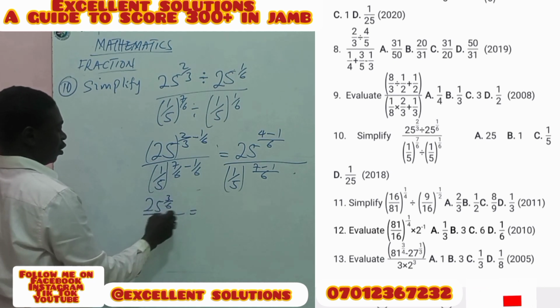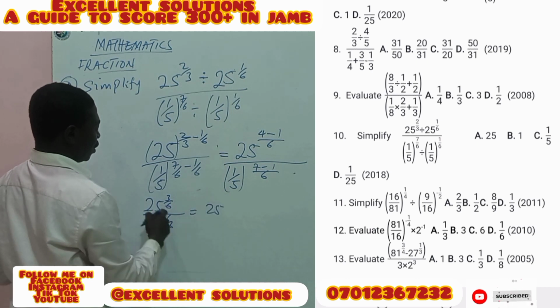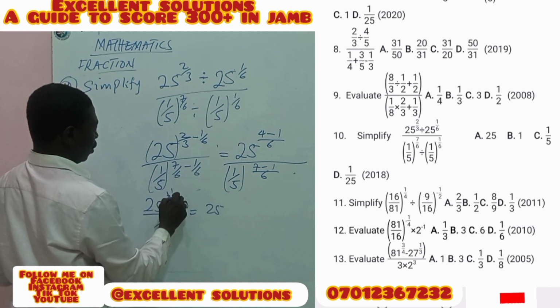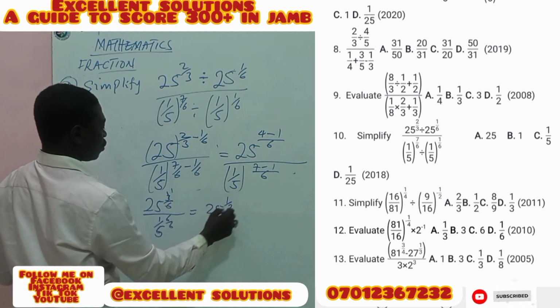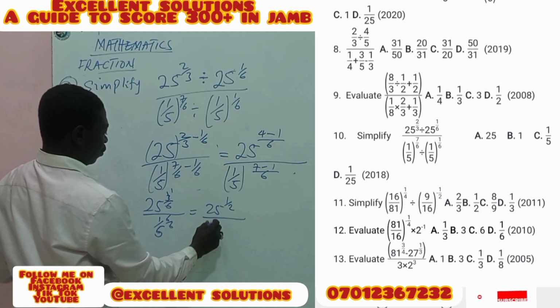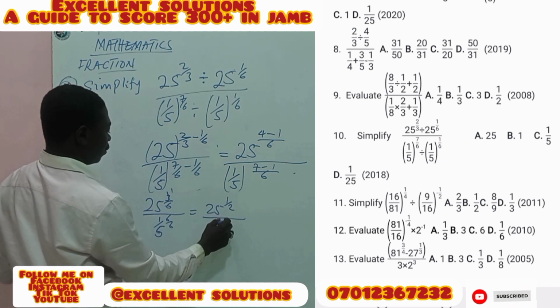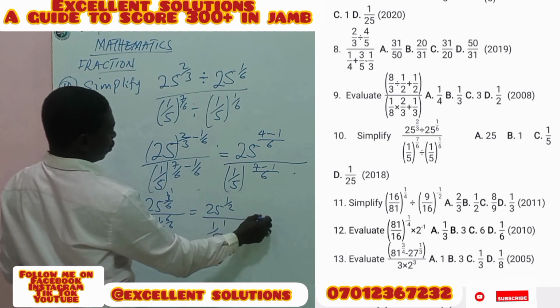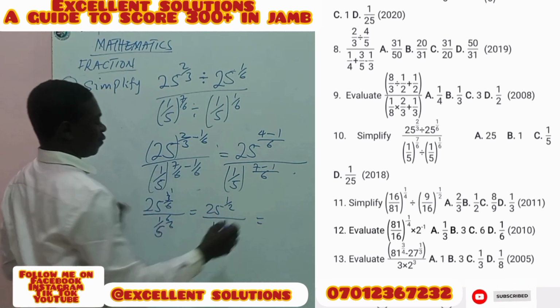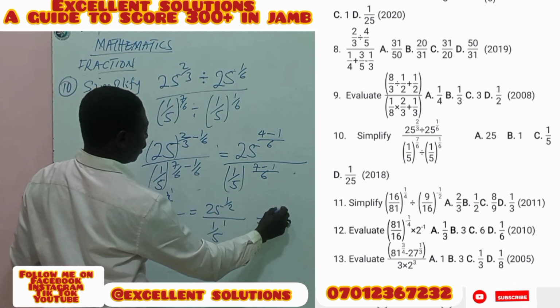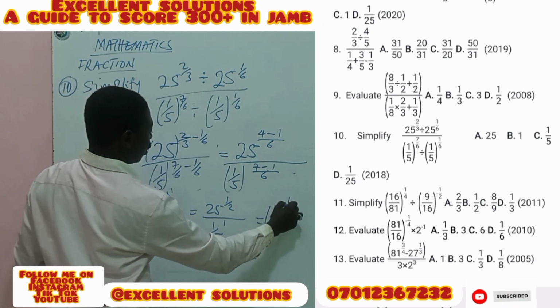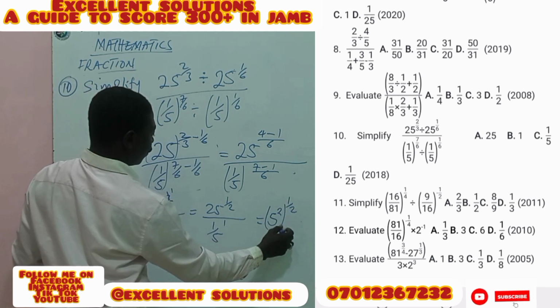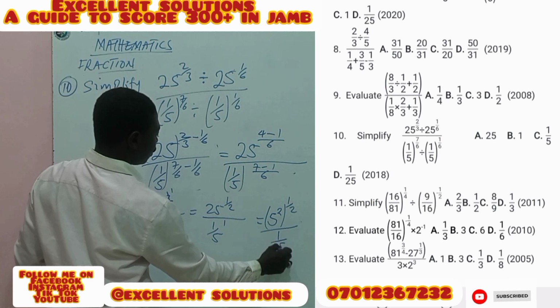So this now becomes 25 raised to the power of, here 1, 3 here 1, 3 here 2, 1 over 2 over 1 over 5 raised to the power of 1. So if we look carefully, 25 is the same as 5 square. So we now have 5 square to the power of 1 over 2 over 1 over 5.